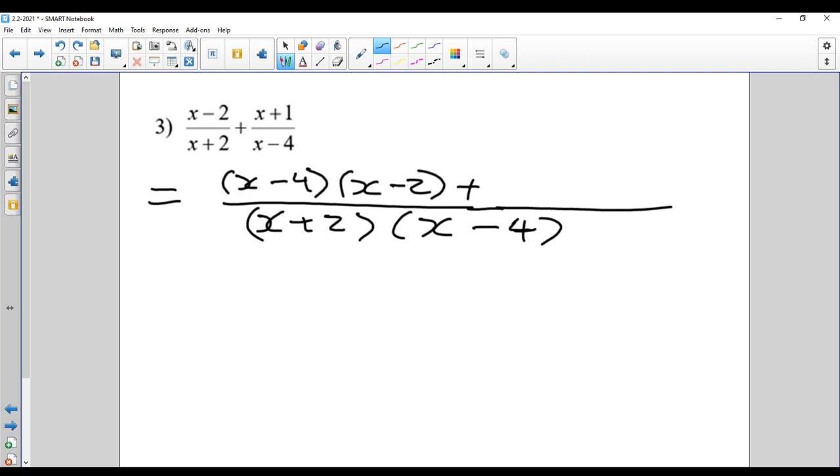Plus, we're going to ask the same question again. What do I multiply the x minus 4 by that gives me all of this? Yes, the x plus 2. So I'm going to multiply x plus 2 by the x plus 1.